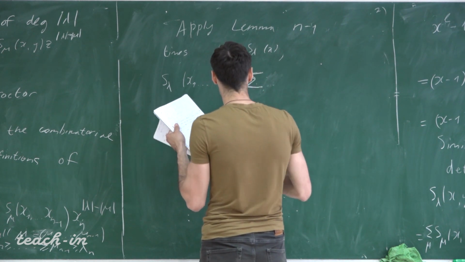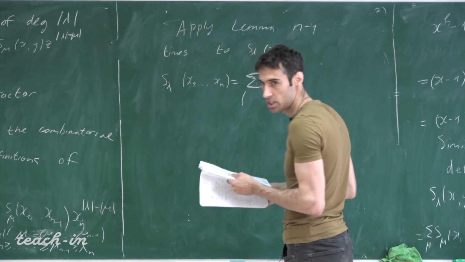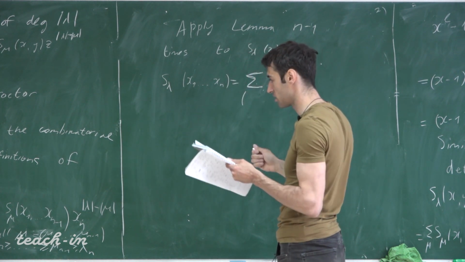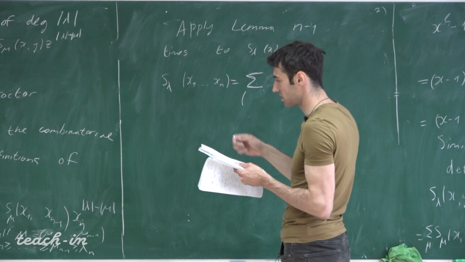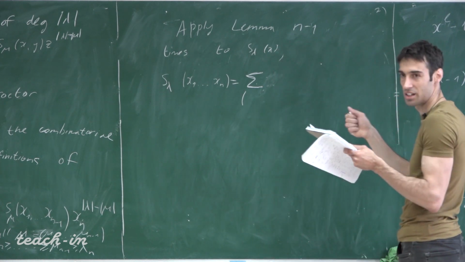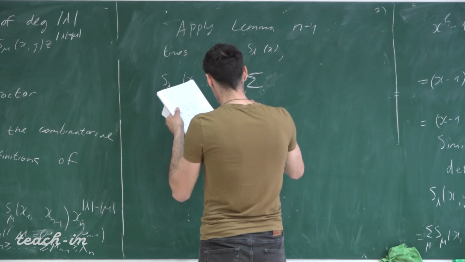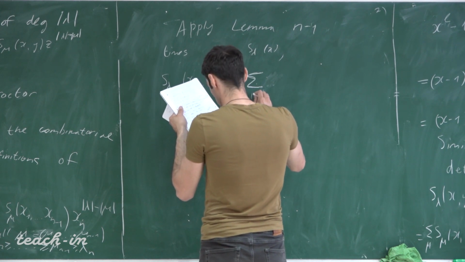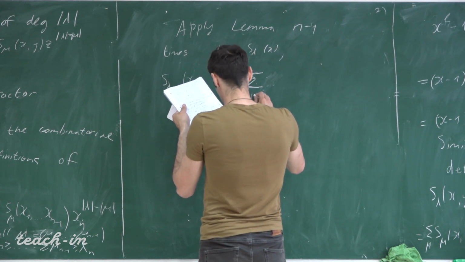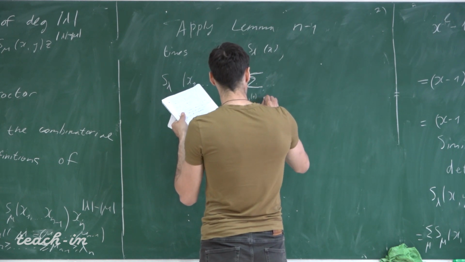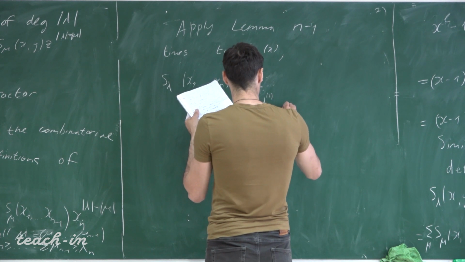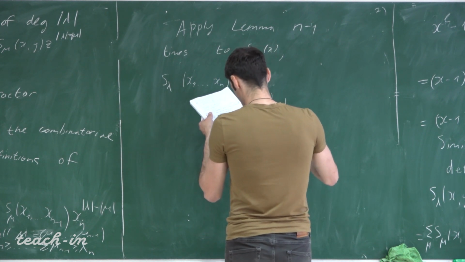It's over sets of partitions, or Young diagrams, if you wish. So let me denote it like this: lambda 1, lambda 2, up to lambda n minus 1.